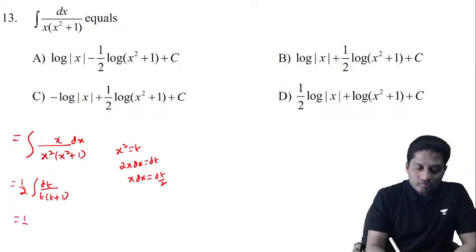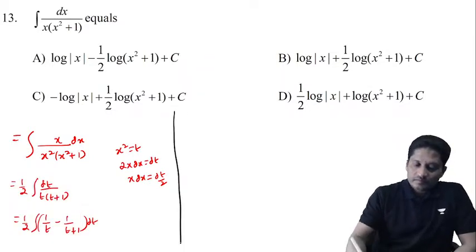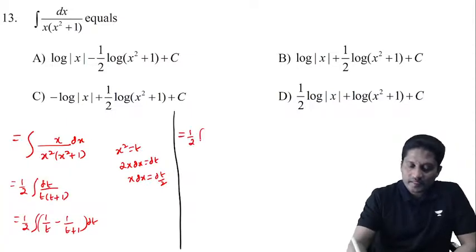So this can be written as 1 upon 2, 1 by t minus 1 by t plus 1, and then this is dt. Okay, so this is equal to half into a bracket, integration of 1 by x is log x, this is log t, then minus log of t plus 1, and plus c. Now 1 by 2 log m minus log n is log m by n.